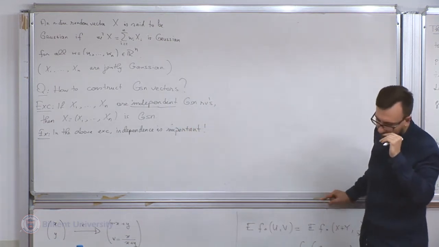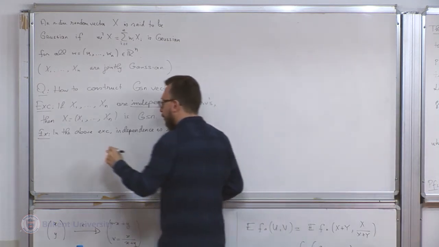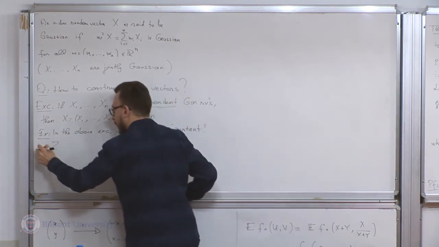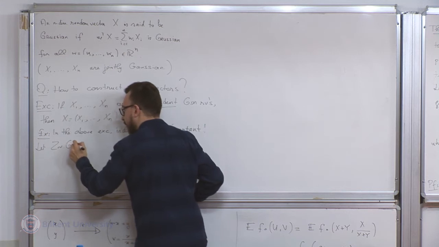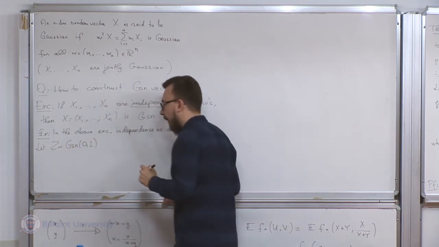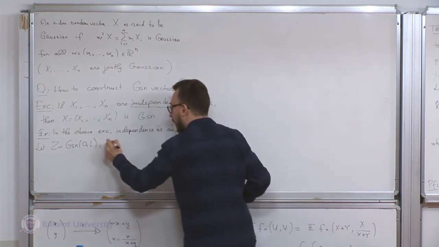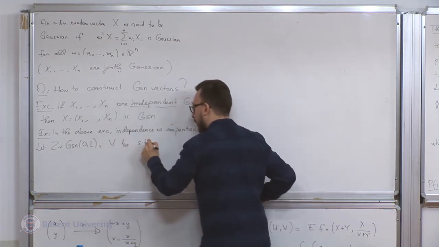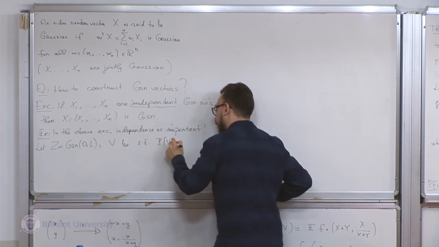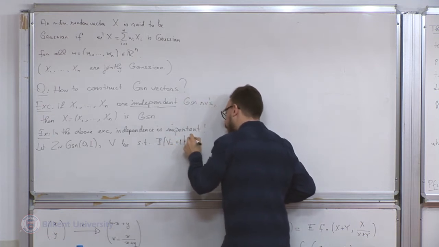Here's one example. Let's say you have Z, which is Gaussian 0, 1, and V be such that it takes plus or minus 1 with equal probabilities.